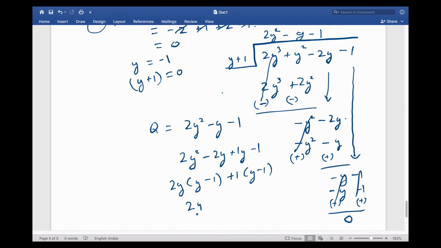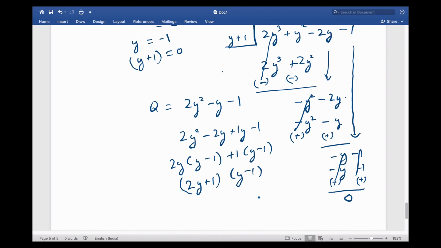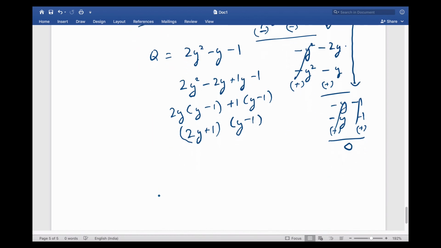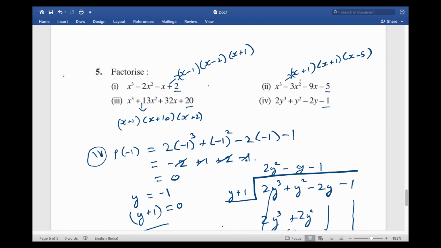So I get 2y plus 1 into y minus 1. Now earlier we had found that one of the factors was y plus 1. So the factors now become y plus 1 multiplied by 2y plus 1 and y minus 1. So now we have solved all 4 of them.